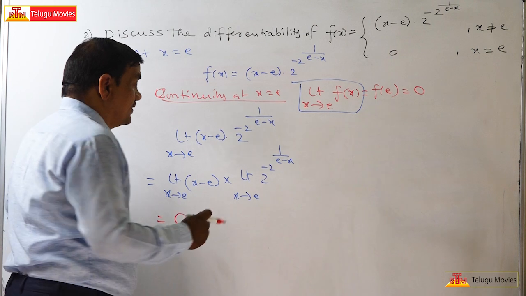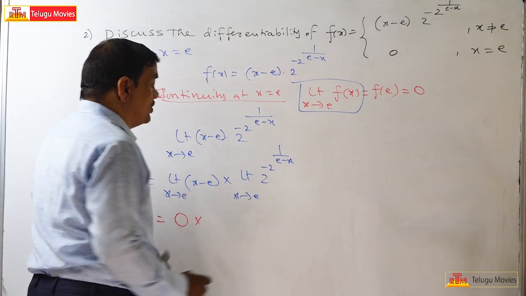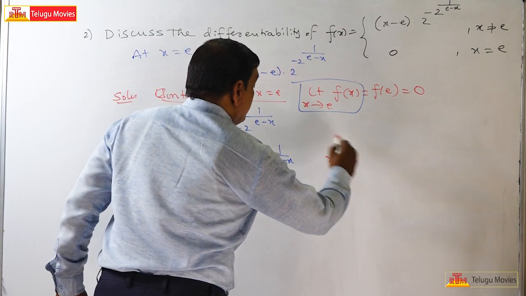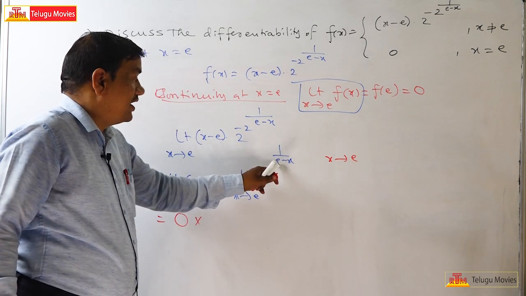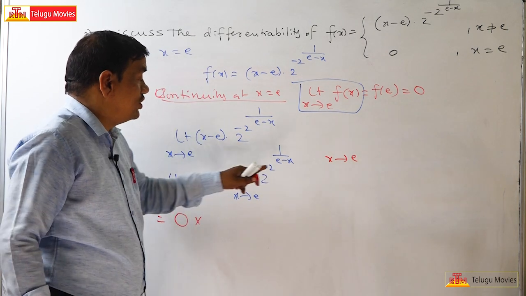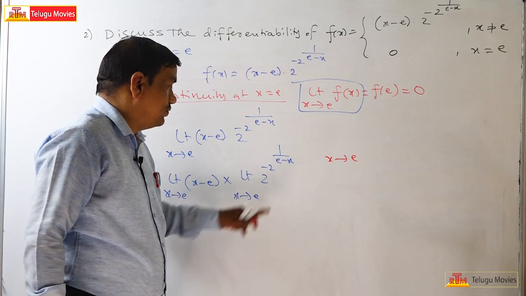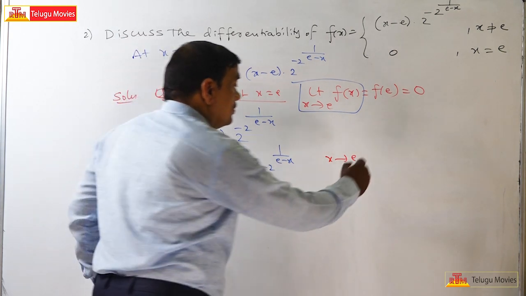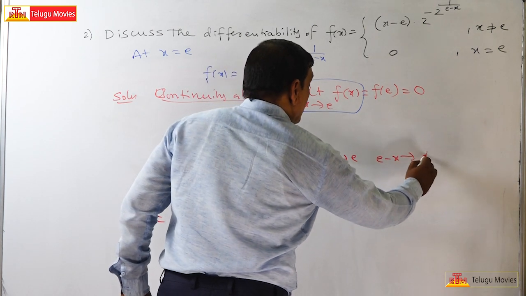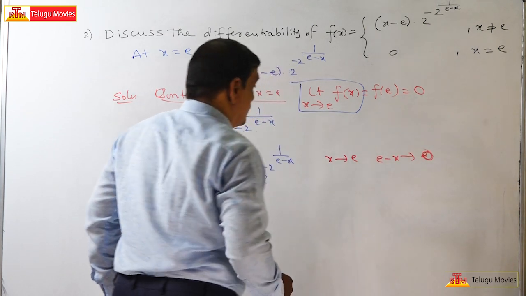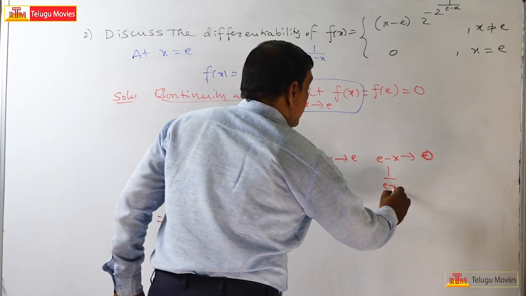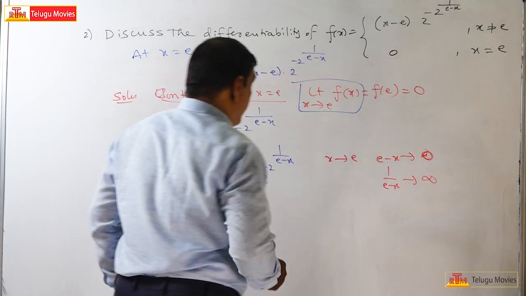See here, as x approaches e, e minus x approaches 0. Therefore 1 by (e minus x) approaches infinity.